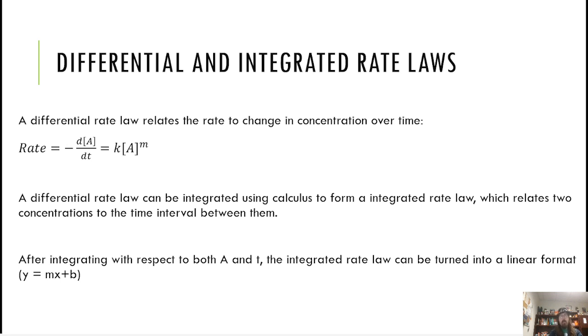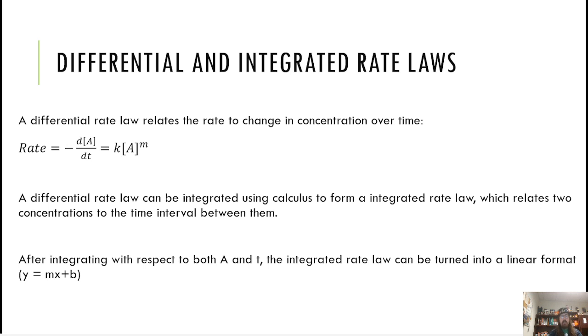Well, calculus allows us to go one step further, and Calculus 2 teaches us about integration. If we do an integration where we look at how changing time changes concentration, we can turn this equation using an integral into an equation that more closely resembles a linear format, such as y equals mx plus b.